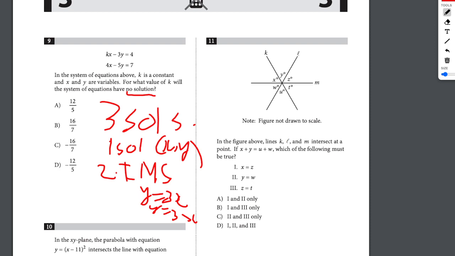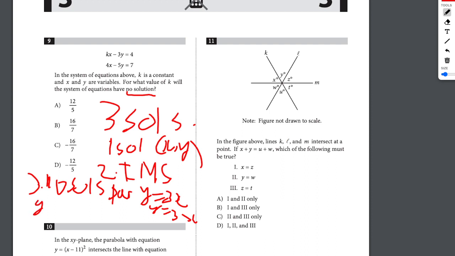The third one, no solution, is like this: you have 2 equations with the same slope but different y-intercepts, aka parallel lines. You know how parallel lines never intersect? It's because they have the same exact slope, but different y-intercepts, so they're never going to meet at the same point.